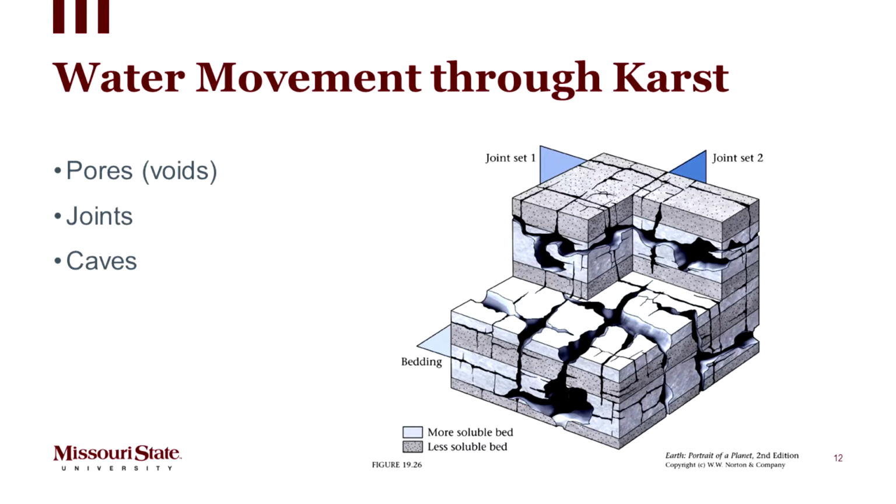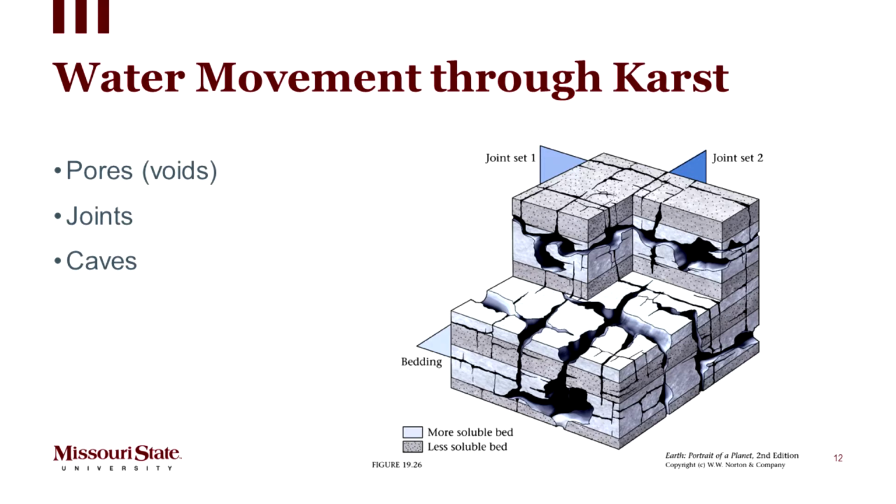So if we think about the way that water can move through a karst system, there are really three different pathways it can take. The first are the pores, but like we said, most limestone, most dolostones, most rocks that karst forms in don't have much in the way of primary porosity.